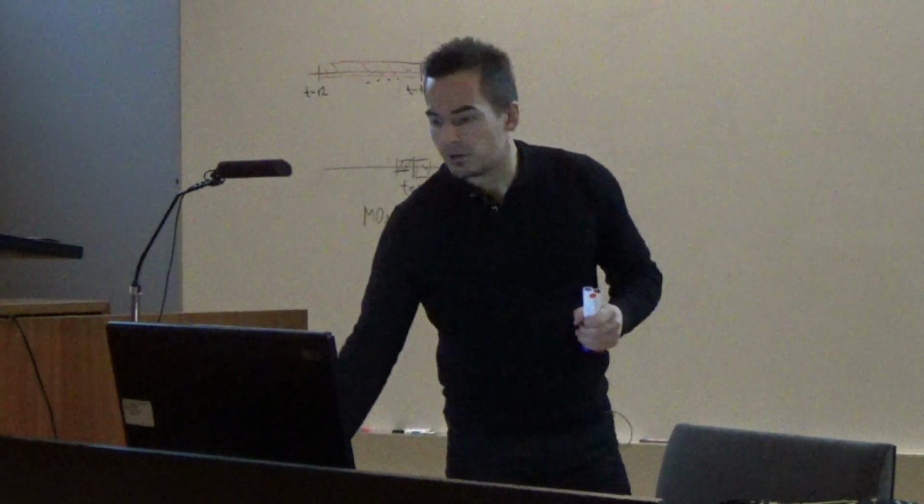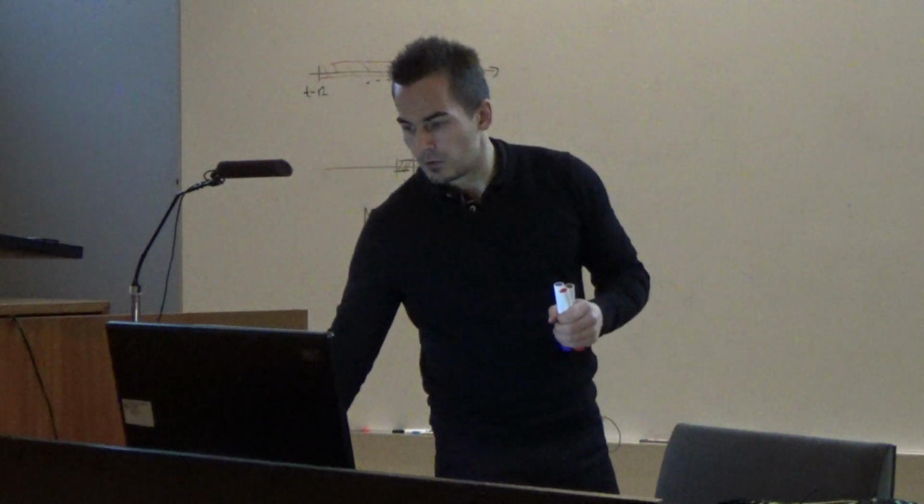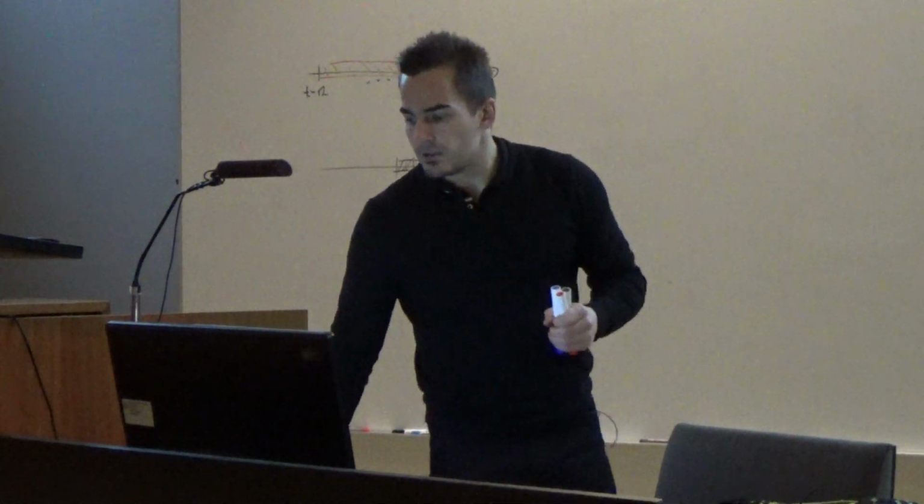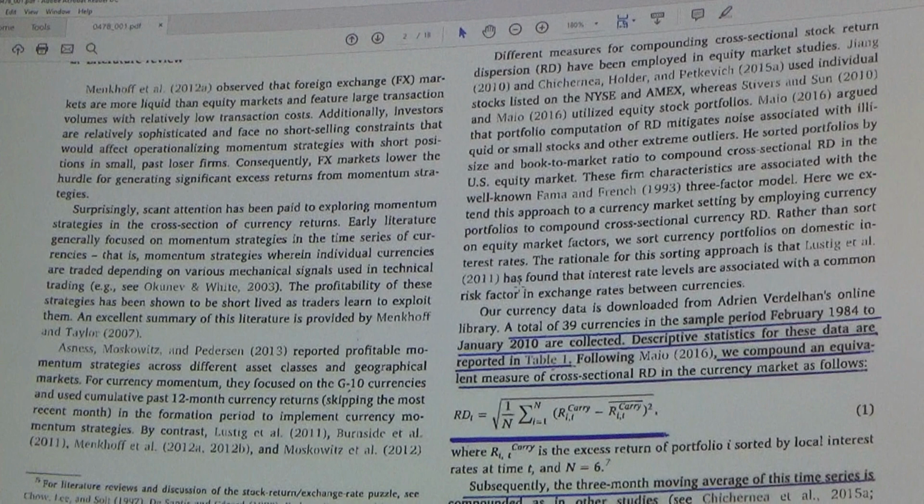So for the data we use, we download the data from Adrien Verdelhan's online library. Luckily, there are many researchers nowadays that provide data in an online library, like the Kenneth French library, which we already have encountered in this course. Adrien Verdelhan is a researcher who is strong in currency market research, and he provides an online library where you can download data.